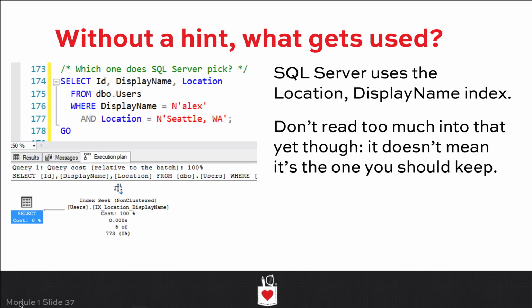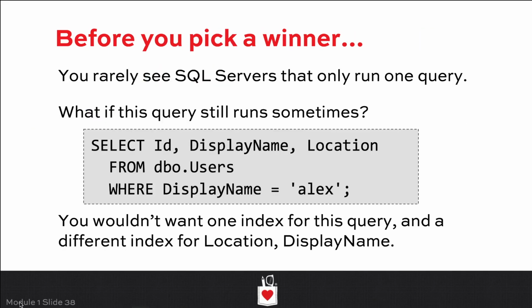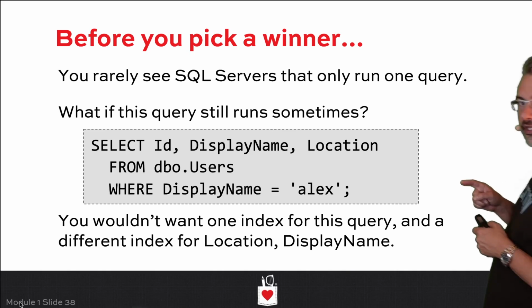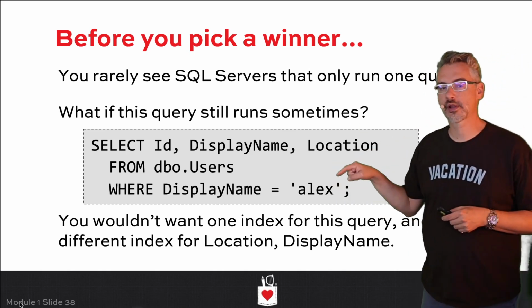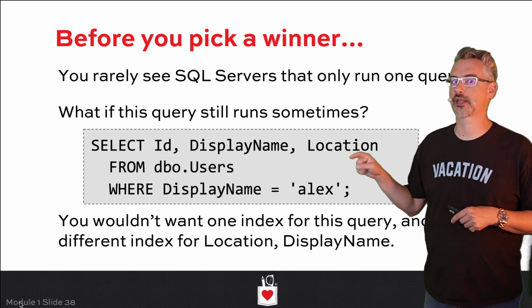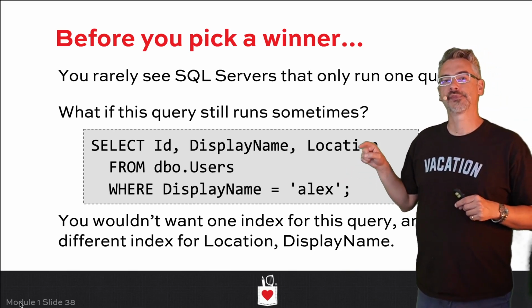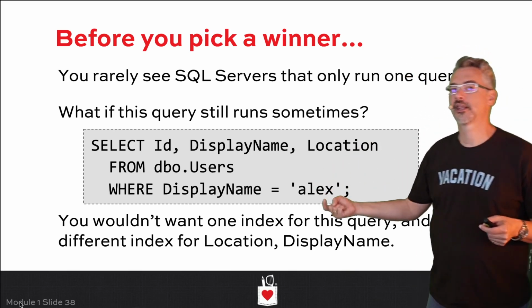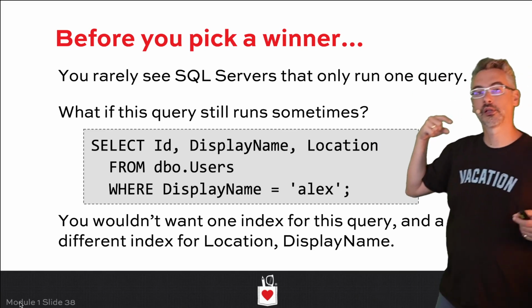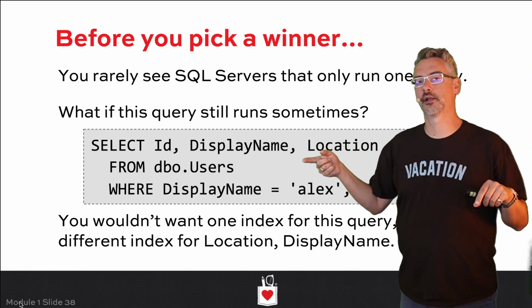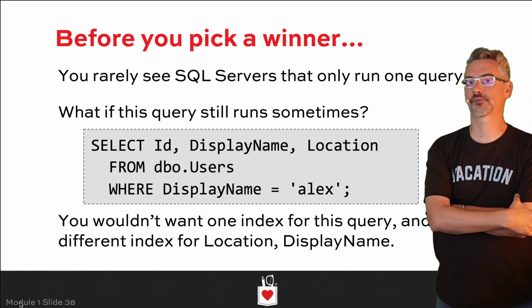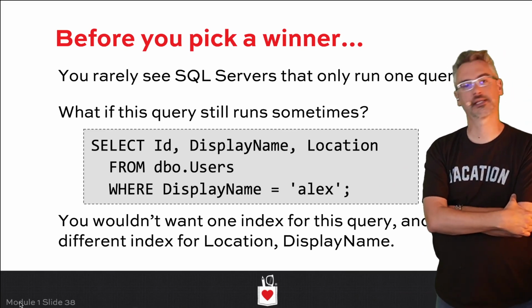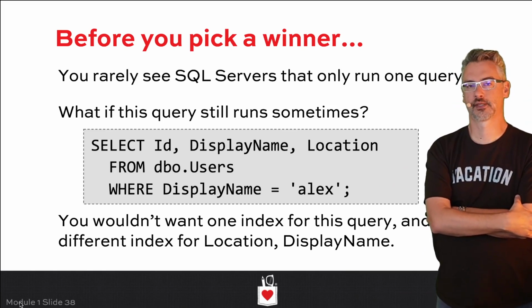Before you pick a winner, look at the number of queries that you're running. Remember earlier we queried for just display name equals Alex. If we still run that query plus this new one, then I probably need an index that leads with the display name, not the one that leads on location.